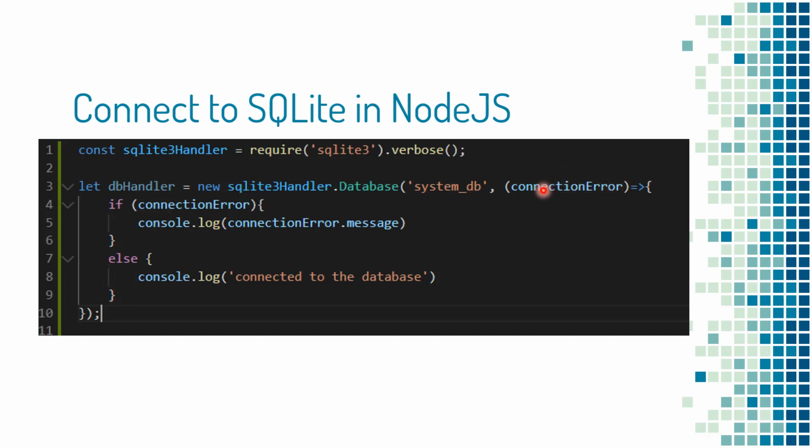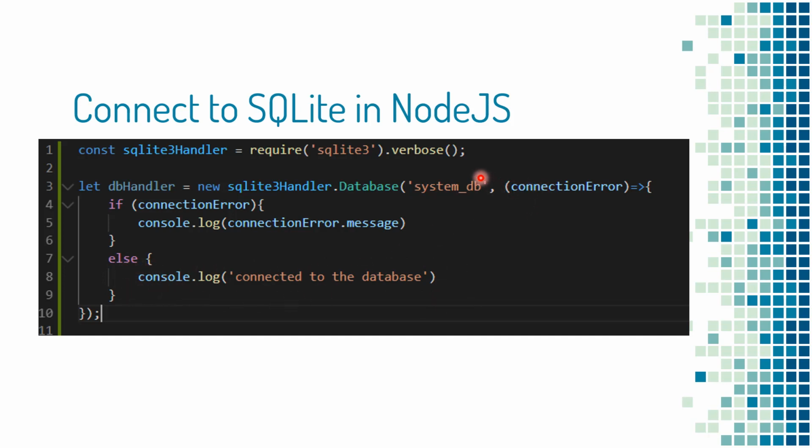So I'm passing here in the callback the connection error. I'm using the arrow function functionality in ES6. So if there is a connection error, then just show this error. If not, then show in the console "connected to the database", which is an indicator whether this connection has been done correctly or not.